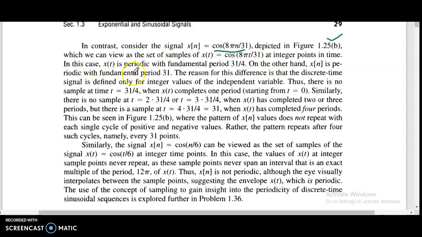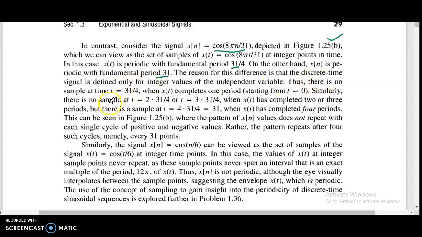In this case, x of t is periodic with fundamental period 31 divided by 4. On the other hand, x of n is periodic with fundamental period 31. The reason for this difference is that the discrete time signal is defined only for integer values of the independent variable.